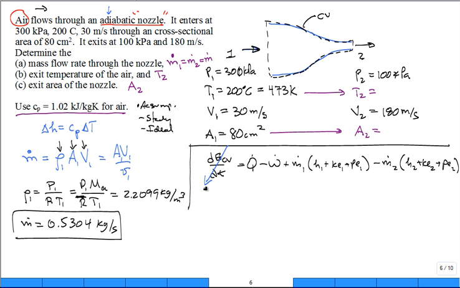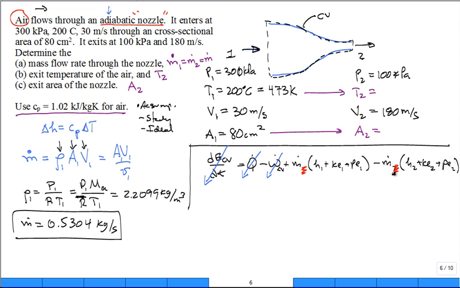Why is this term 0? Steady state. Why is this term 0? Adiabatic, that's right. Why is this term, which I messed up and didn't put CV as a subscript on that W, 0? There is no shaft, and there's no electric. There's no work going across the boundary of the control volume surrounding that nozzle. All right, these mass flow rates are the same, so I could just rub out this subscript. m dot equals m dot.